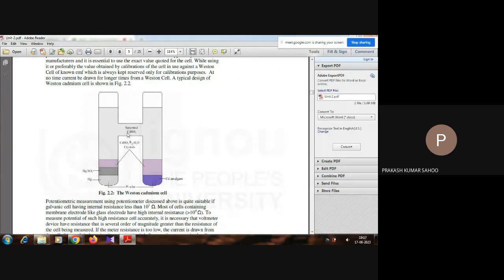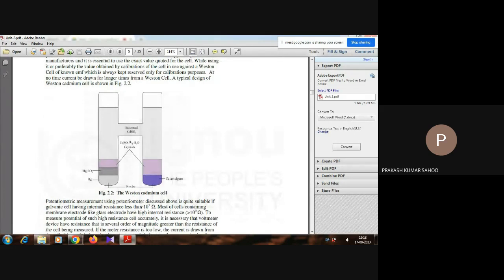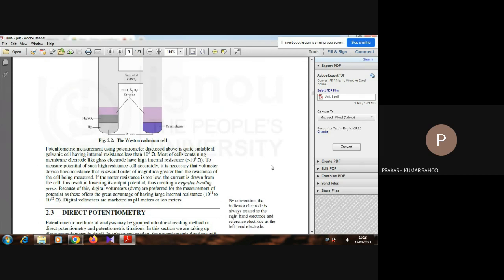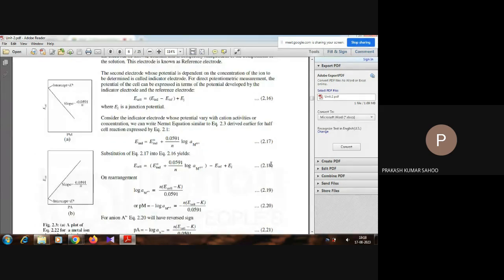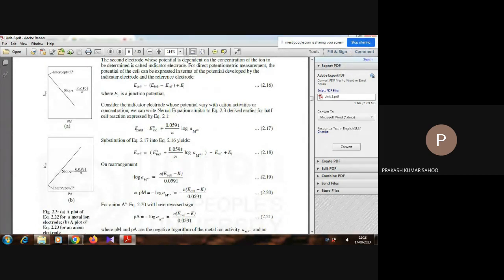This is the calomel electrode, or this is your cadmium mercury electrode, where mercury and cadmium both are here, and mercury is dipped in mercury sulfate and cadmium in cadmium sulfate, and there will be a salt bridge here also. So in direct potentiometry, the Nernst equation is obeyed.